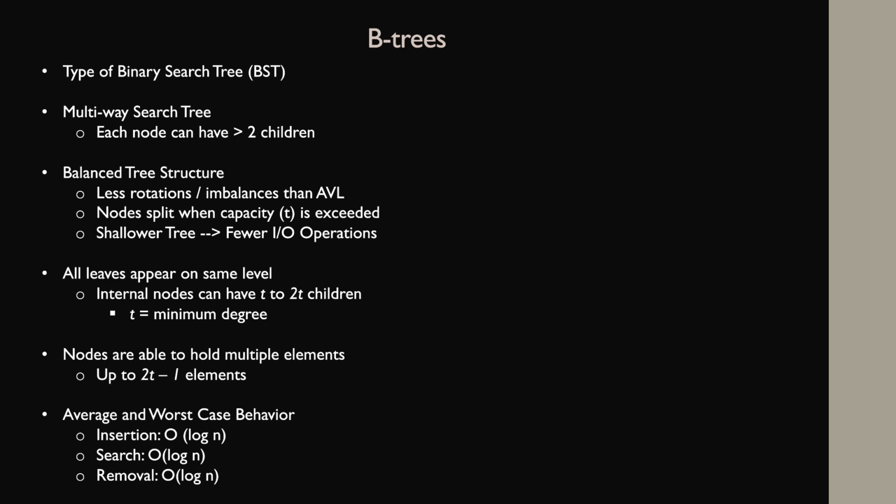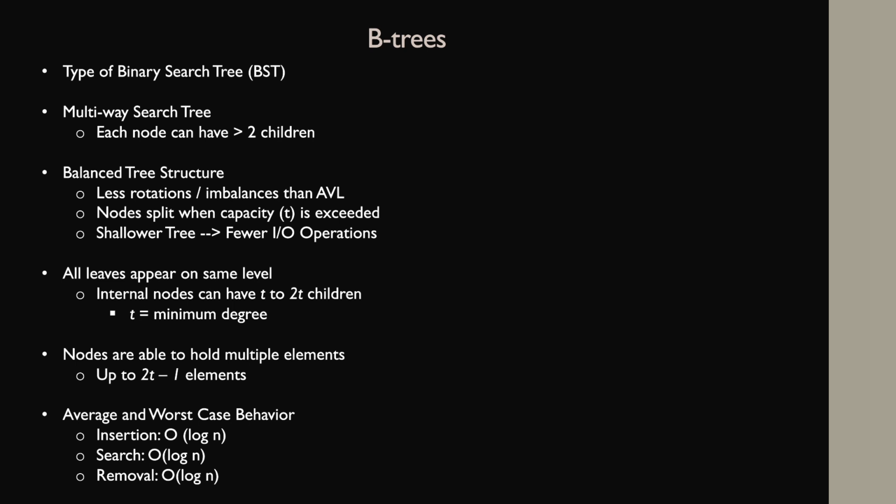So nodes can hold multiple elements, going back to how it is a multi-way search tree. They can store up to 2T minus 1 keys or elements, and it just shows why it is more preferred in larger data sets, because fewer nodes are needed and we can store more data per node.